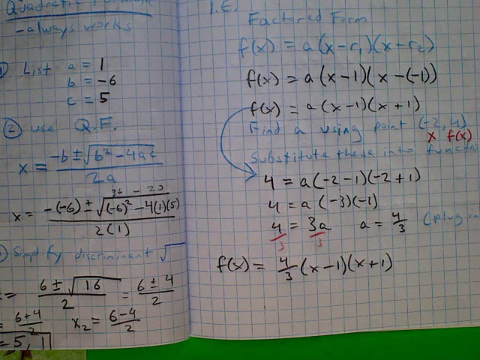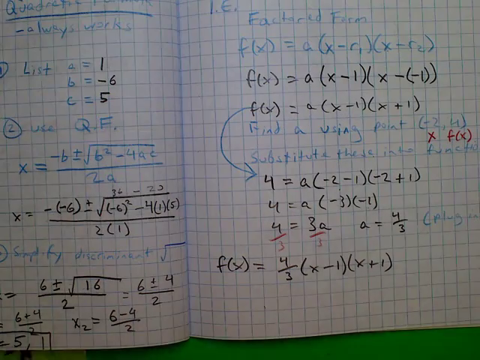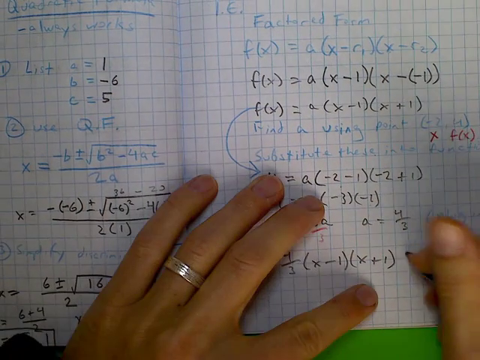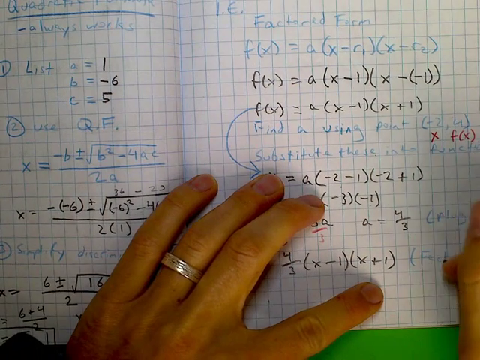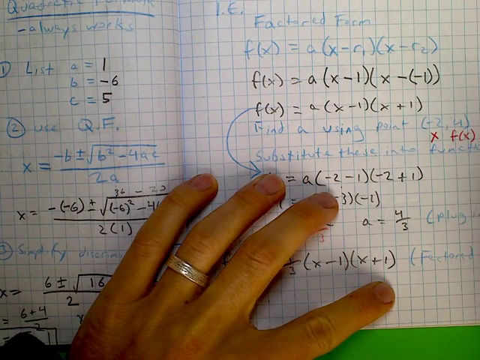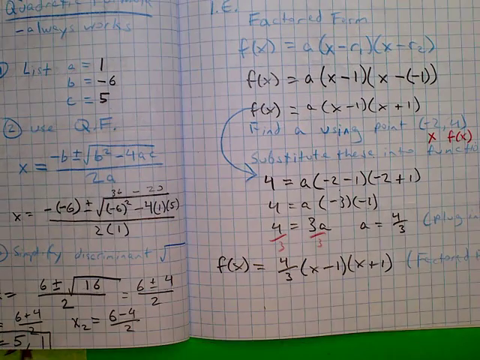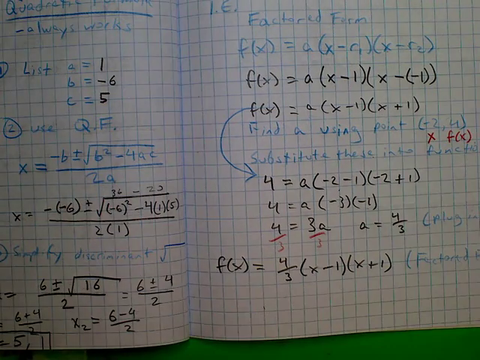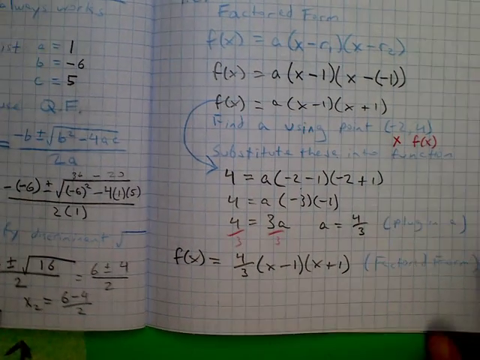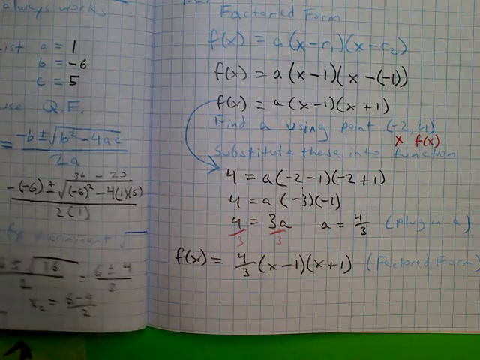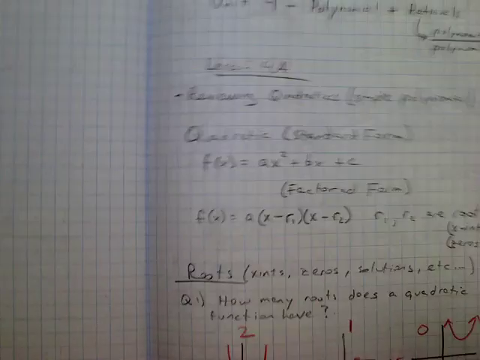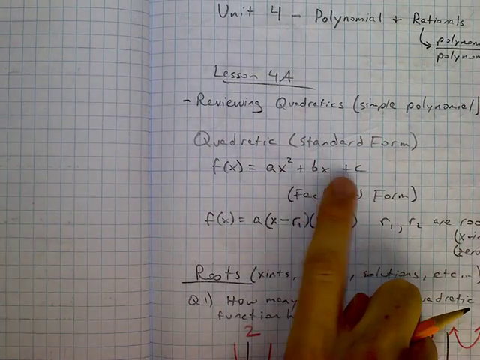Okay, so this is one way we could write the function. This is in factored form. Let's try to expand this into standard form. So remember, standard form is a list of terms.